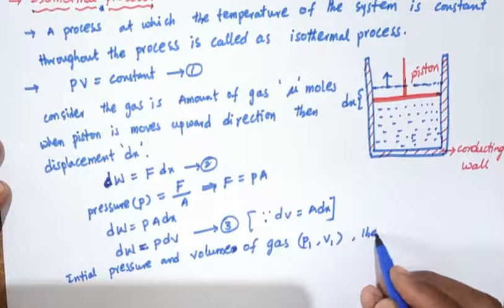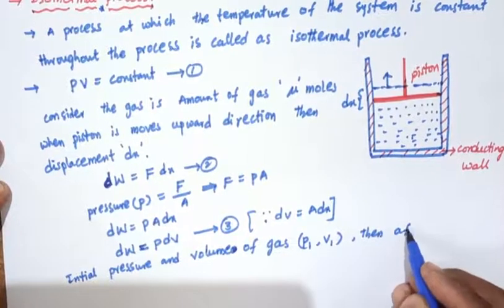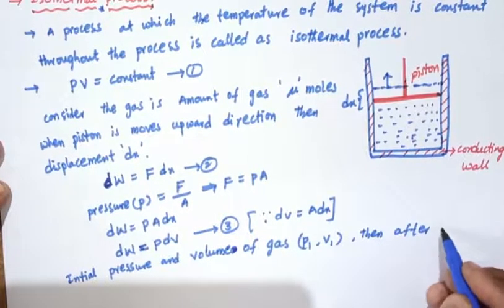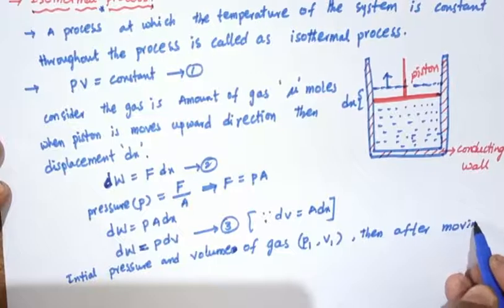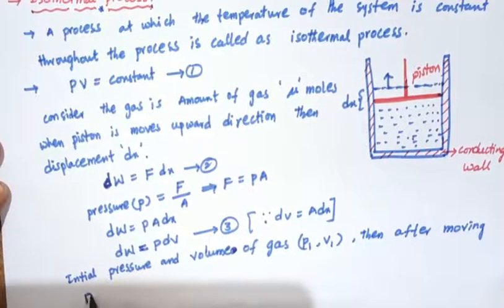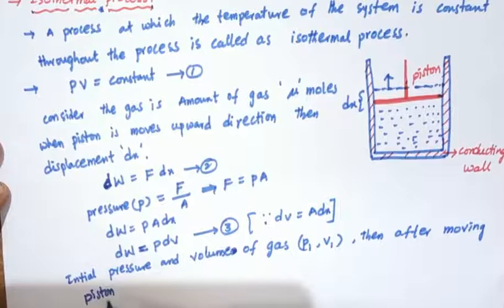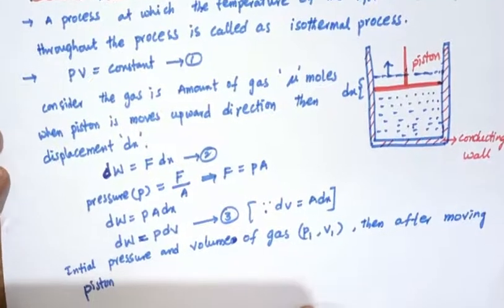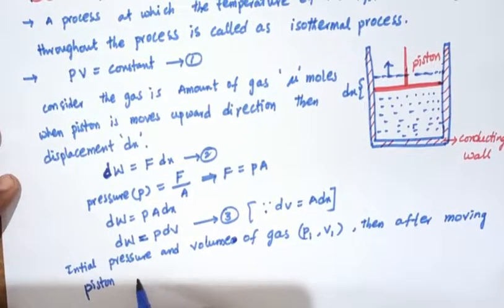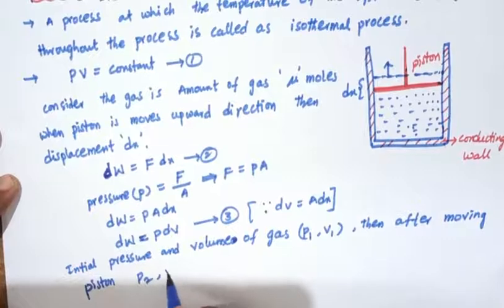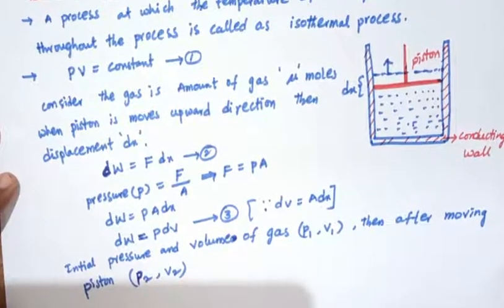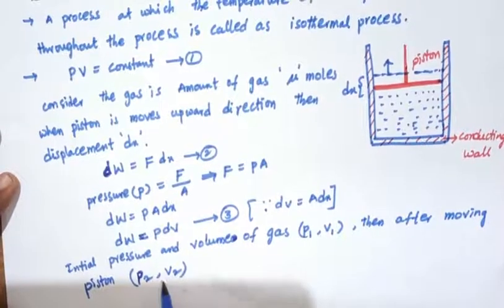Then after moving the piston, the pressure and volume will be P2 V2. Okay, so P2 and V2.